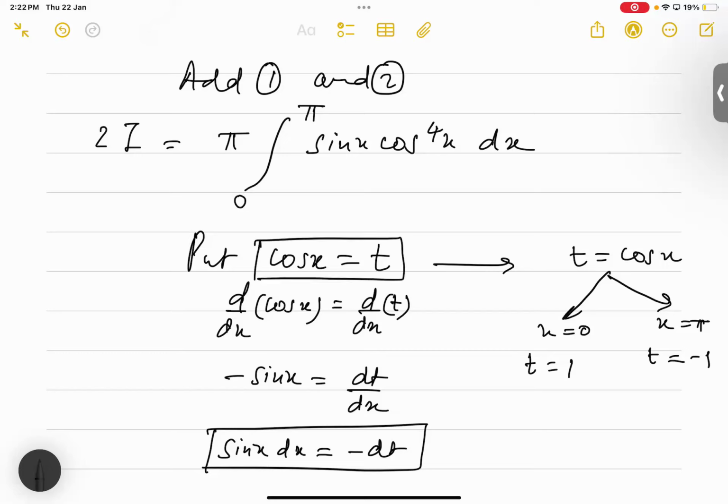Cos x is equal to t. So find the value of t at x equal to 0 and x equal to pi: 1 and minus 1. These are the new limits.